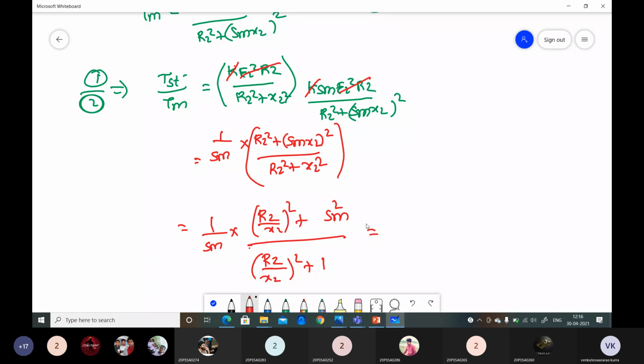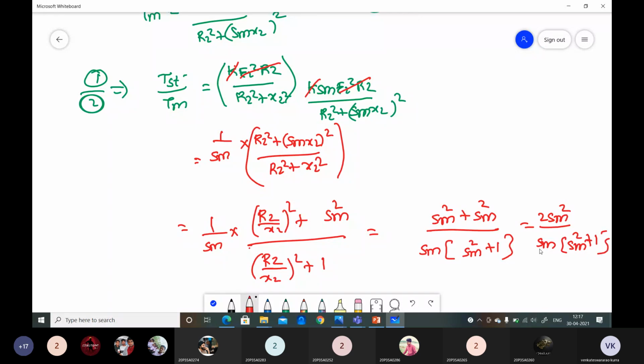Now R2 by X2 has the same value S_M. So (S_M square plus S_M square) by S_M into (S_M square plus 1). So 2 S_M square by S_M into (S_M square plus 1). The S_M square cancels.